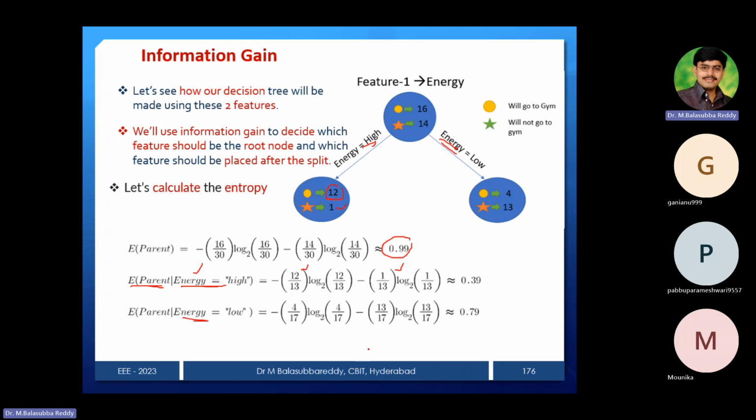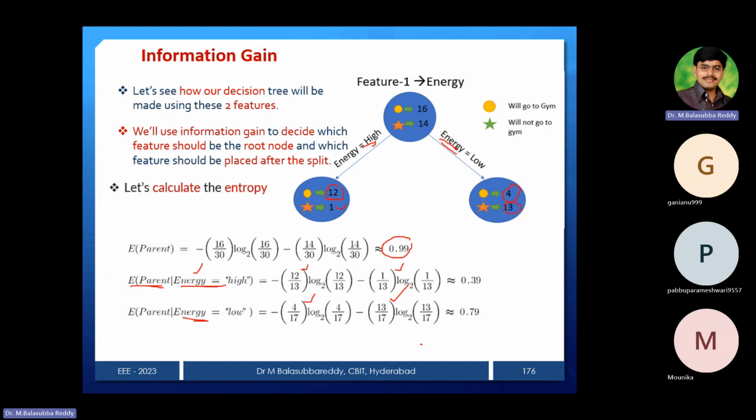Now we can calculate the entropy with the root node when energy is low. You can see positive is 4 out of 17, so 4 by 17, and negative is 13 out of 17, so 13 by 17. If you do that calculation, we get 0.79.